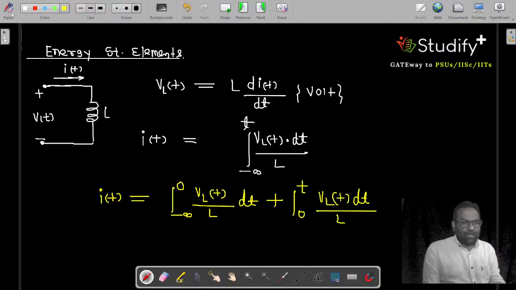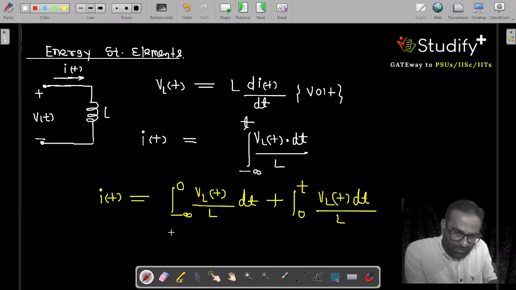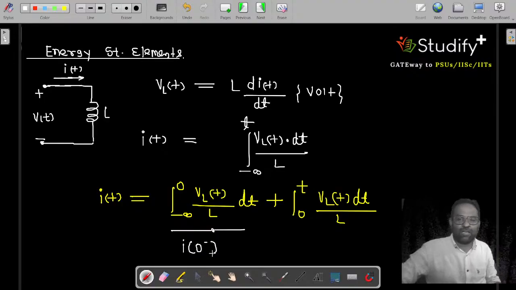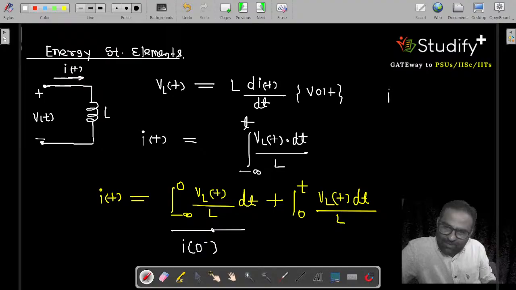This is because the solution of a differential equation is only valid for t greater than or equal to 0. So this is one constant, and the value of this constant is i(0-). This is our initial condition, the initial condition of the inductor.